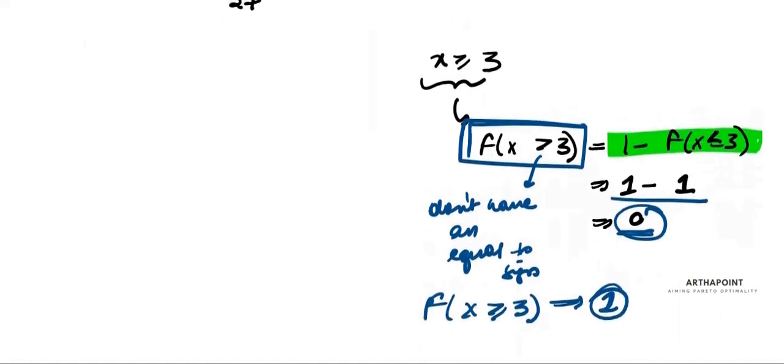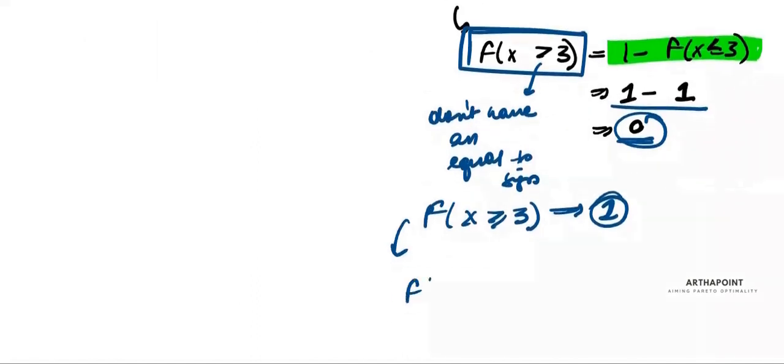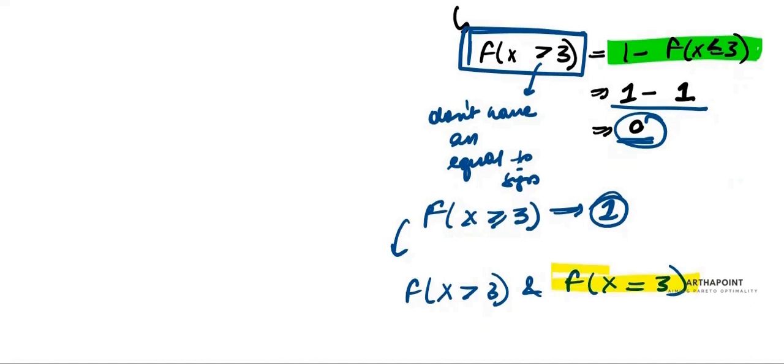Now, why? Because this includes two things. This includes the probability that x is greater than 3 and it also includes that x is equal to 3. And when x is equal to 3, it includes all possible cases. It includes the CDF till x equal to 3, which is 1. So 0 plus 1, which is 1.